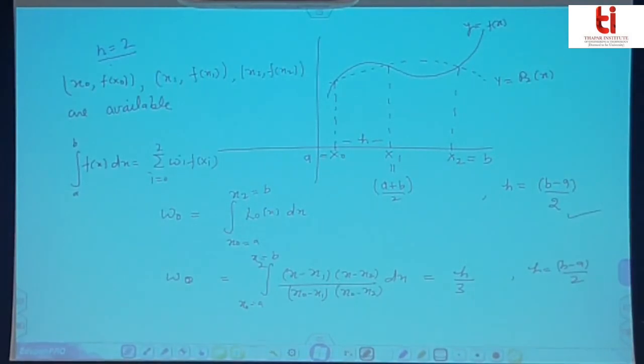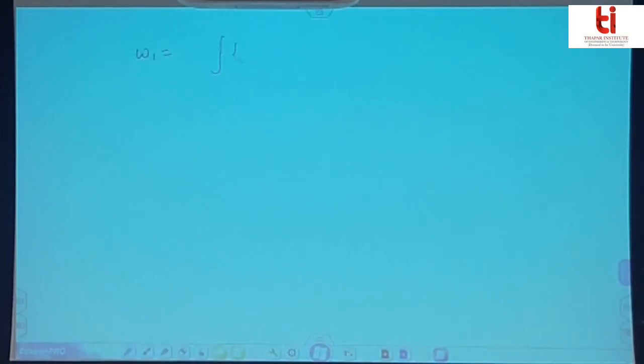Similarly we can compute w1, the integral of L1(x) dx from x0 to x2, and the value comes out to be 4h/3. Similarly compute w2, the integral of L2(x) dx, which is h/3. So the integral from a to b of f(x) dx comes out to be h/3 f(x0) plus 4h/3 f(x1) plus h/3 f(x2).